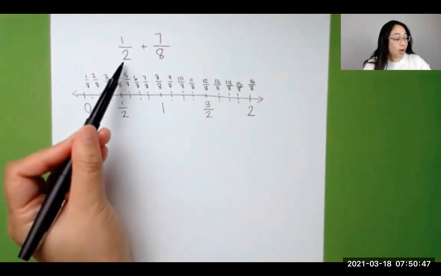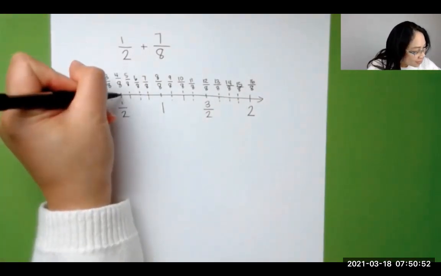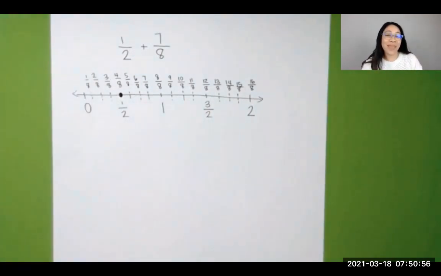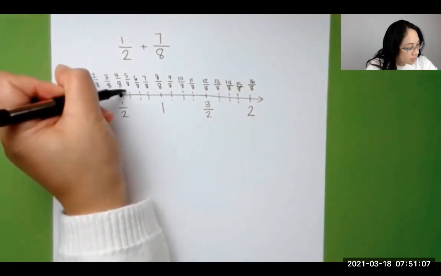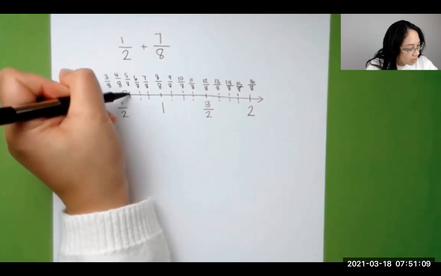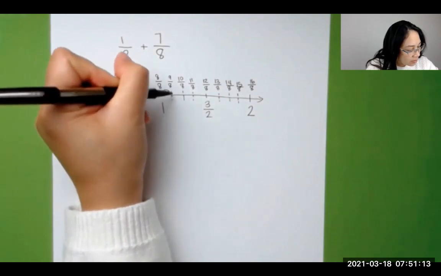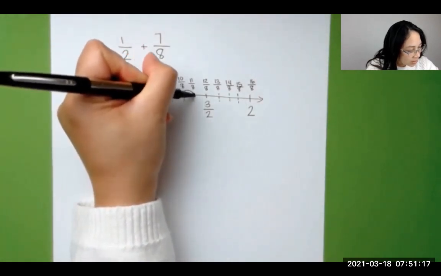We're going to start at 1/2. How much are we adding? 7/8. Let's hop 7/8 to the right. 1/8, 2/8, 3/8, 4/8, 5/8, 6/8, 7/8.